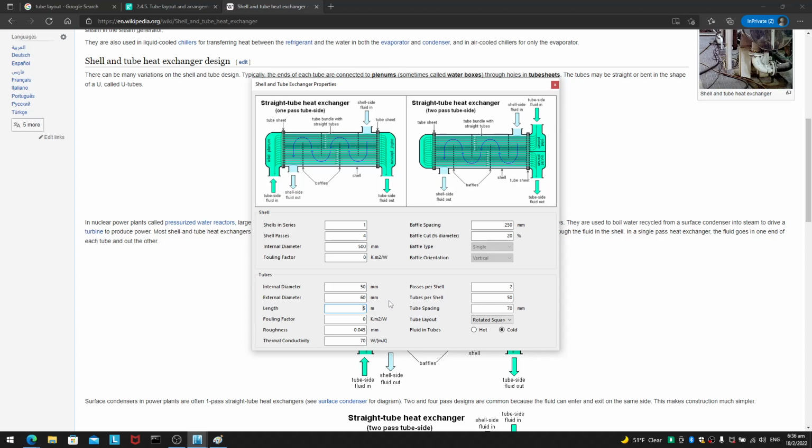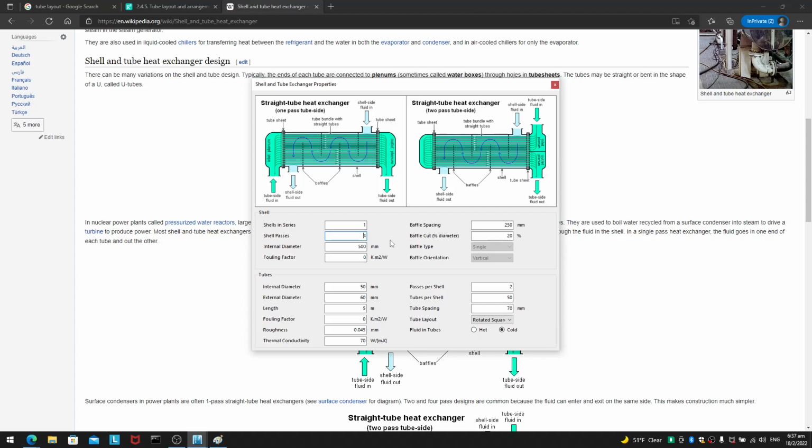And I guess you have to make sure that the baffle spacing and the shell passes work out. So this is 250 mm or 25 cm. 25 cm times 4 should give you about 1 meter, or at least 1.25 meters.